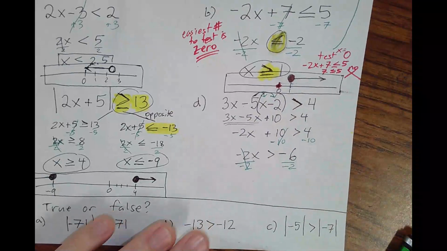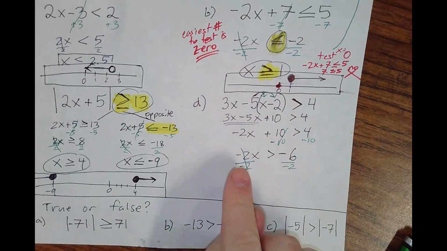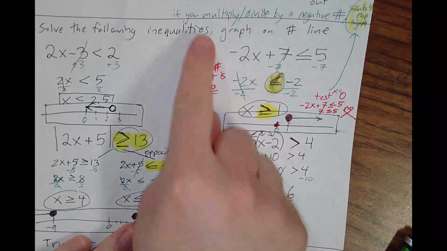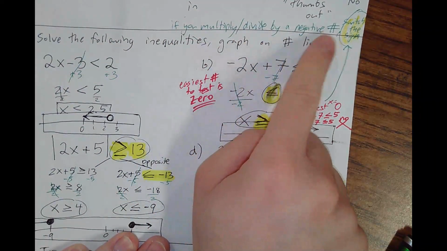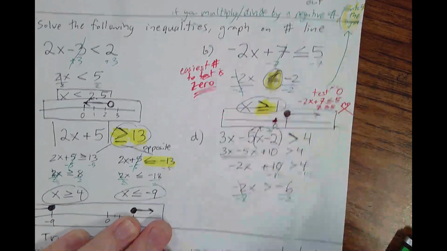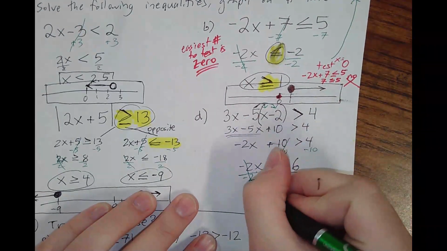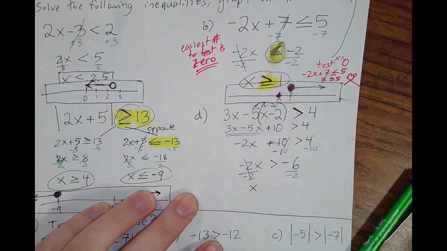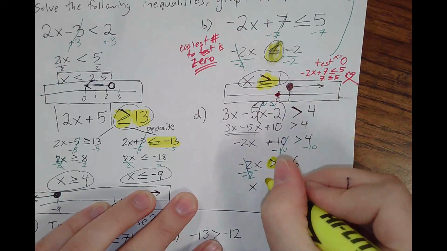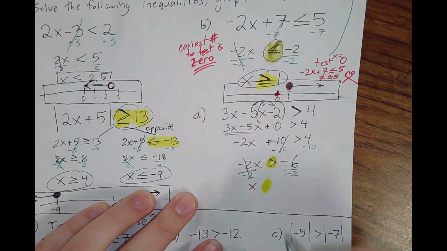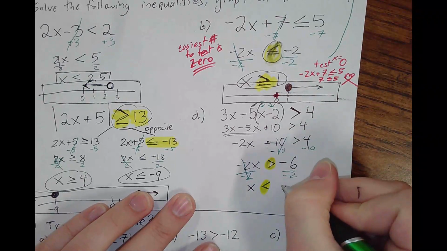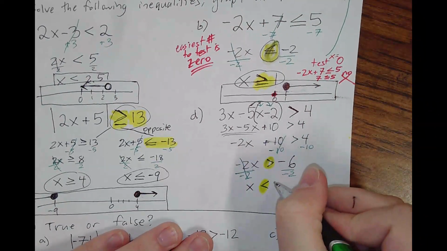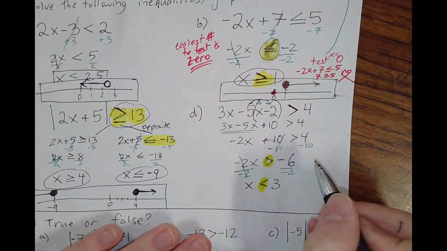What happens when you divide by a negative number with inequalities? If you multiply or divide by a negative number, you must switch the sign. So we're going to switch this symbol to not greater than, but now it's going to be less than positive 3.